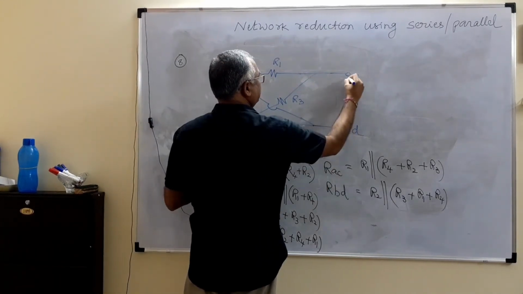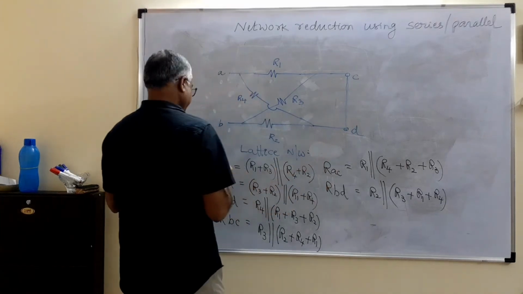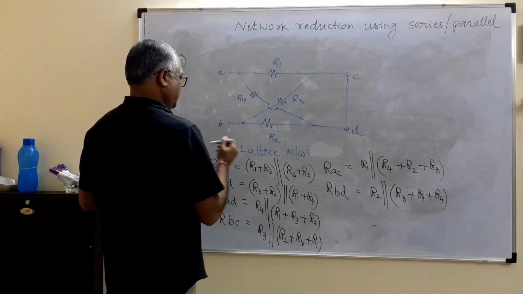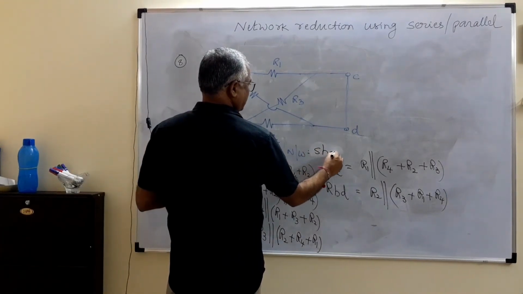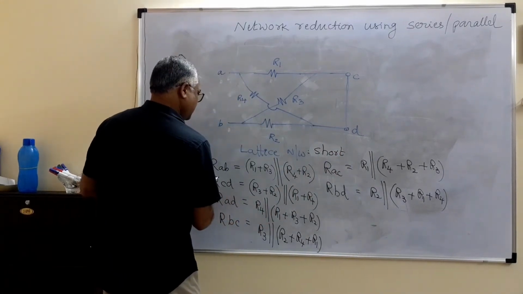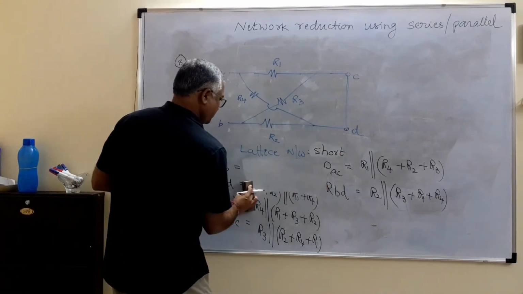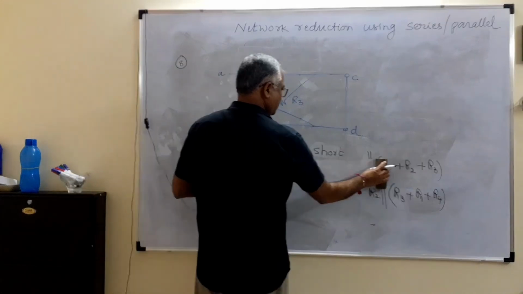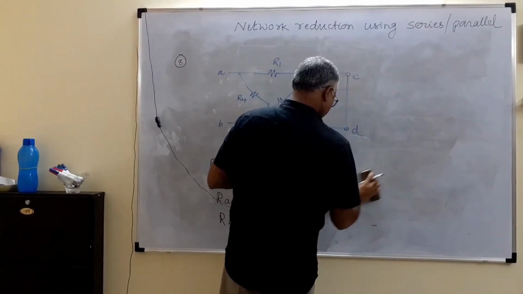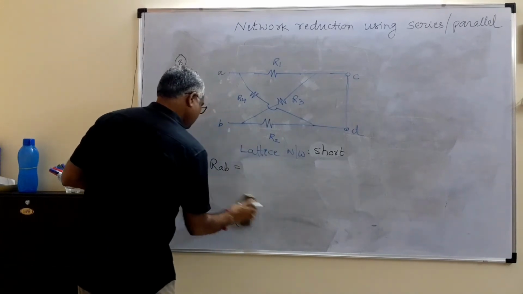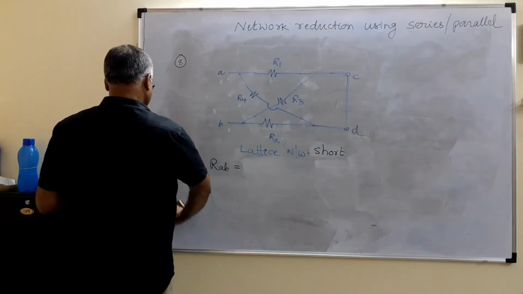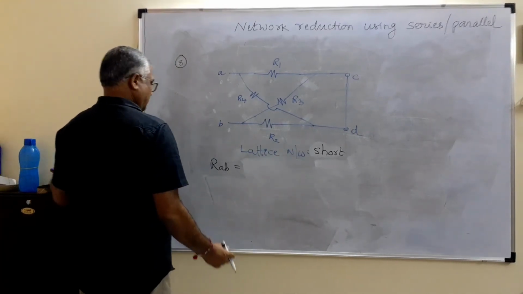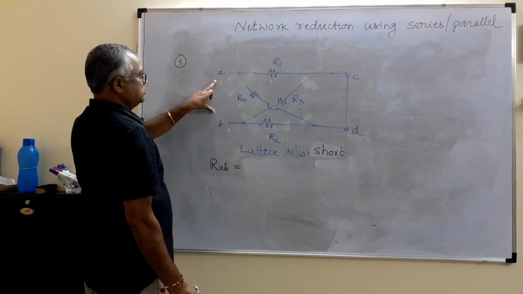So CD shorted. Under this condition, what is RAB?